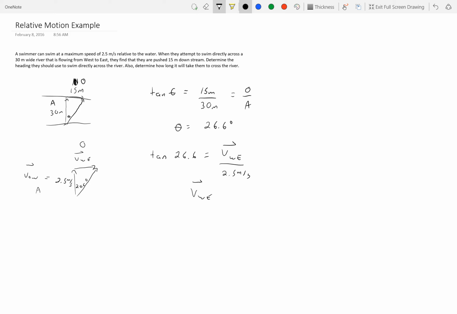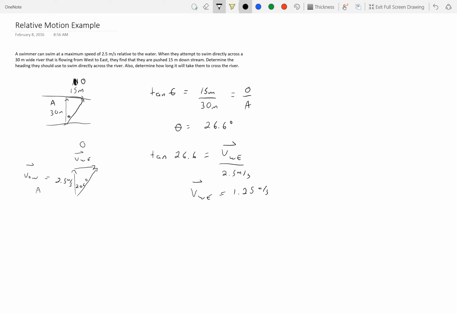Now if you recognize that these are similar triangles, you could set up a ratio where you'd say 15 over 30 is equal to VWE divided by 2.5, but if you don't recognize that they're similar triangles, that might be a little more confusing, so it's not worth it. Anyways, it works out to be 1.25 meters per second.